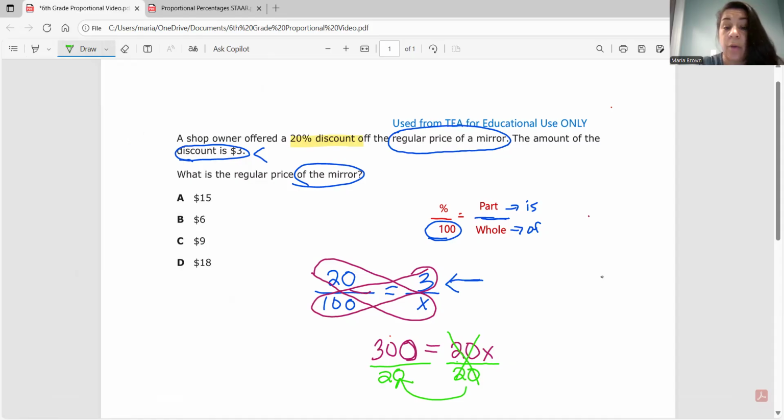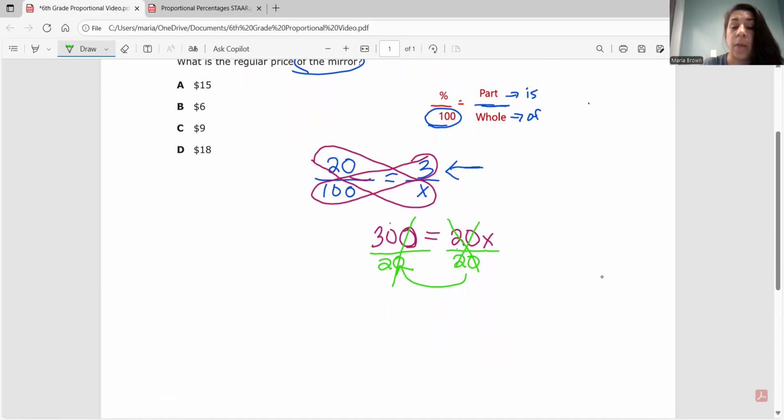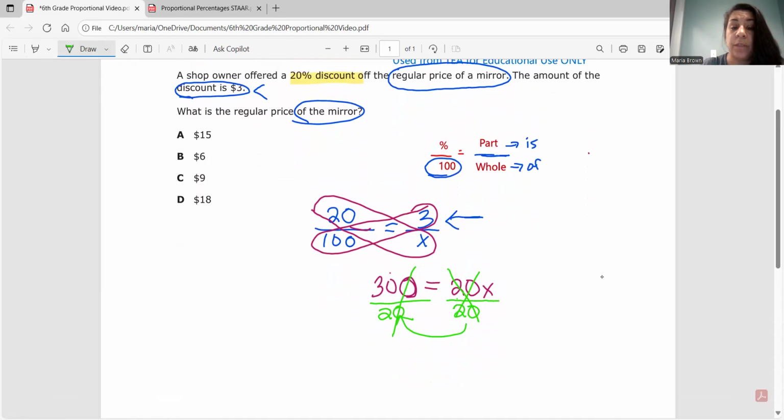We can now, still in step 3, reduce this, because the common factor of 300 and 20 is actually 10. It can be further reduced, but for time's sake, we're just going to cross out these zeros, and we have 30 divided by 2 now. A common factor of that 300 would be 10. 300 divided by 10 is 30, and 20 divided by 10 is 2.